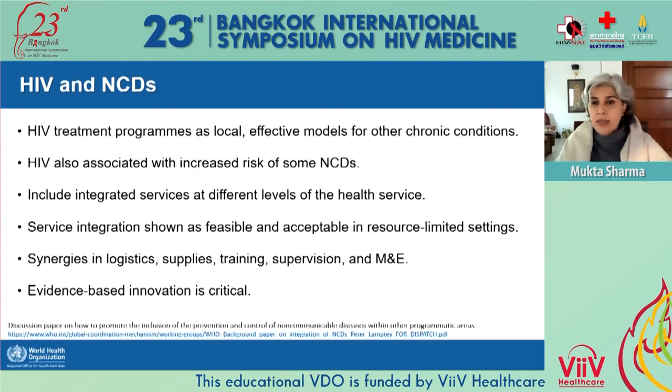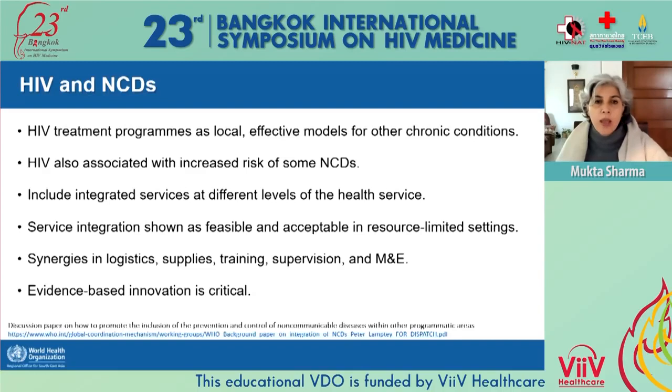So the synergies that are needed around integrating this will of course extend to logistics, to supplies, to training, to supervision, as well as monitoring and evaluation, and evidence generation. And to look at what innovation can happen in this area is critical and we're pushing for it in WHO.